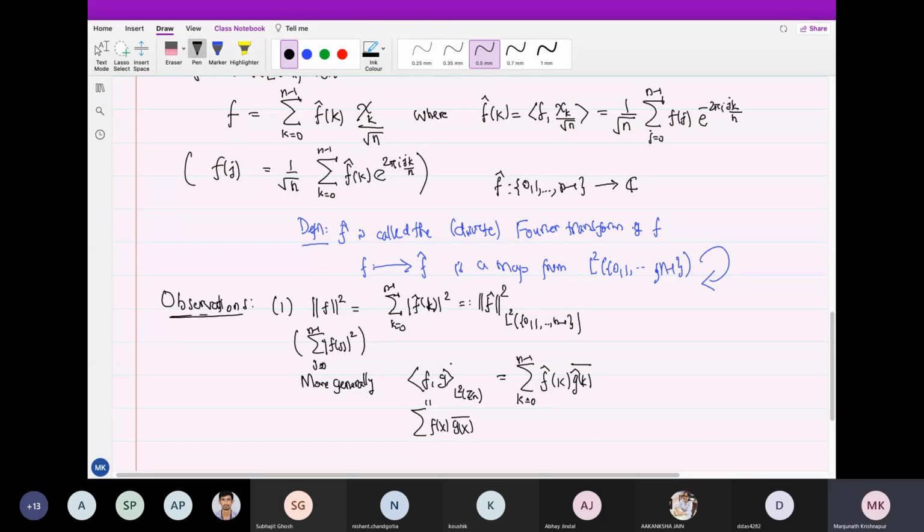If you do not recall, you just do it. You take the inner product of f and g, and you get the sum over all k and l of f hat of k, g hat of l bar, times the inner product of chi k over root n with chi l over root n. Using bilinearity of the inner product, that inner product is 0 unless k equals l. So you just get the sum of f hat of k, g hat of k bar, which is the inner product of f hat and g hat in L2 of this space.